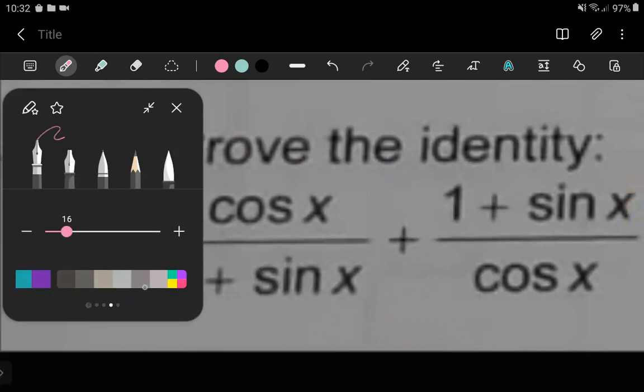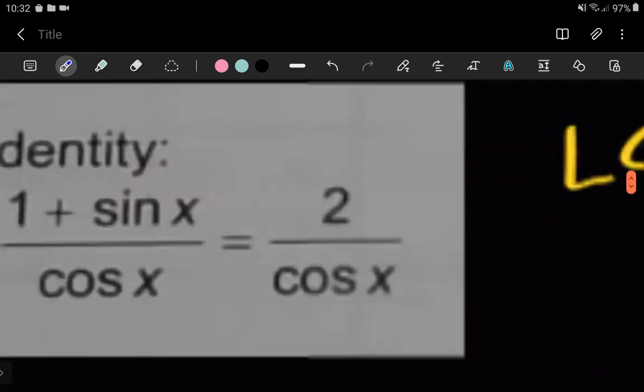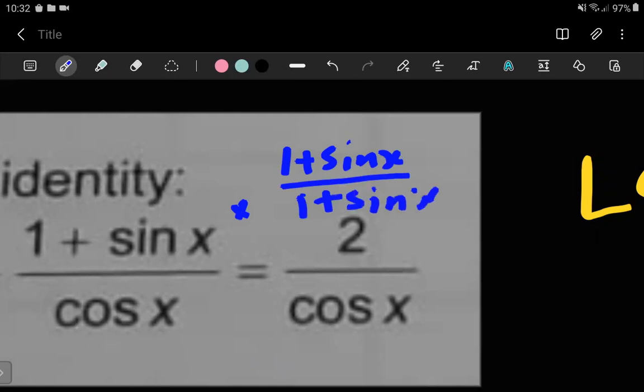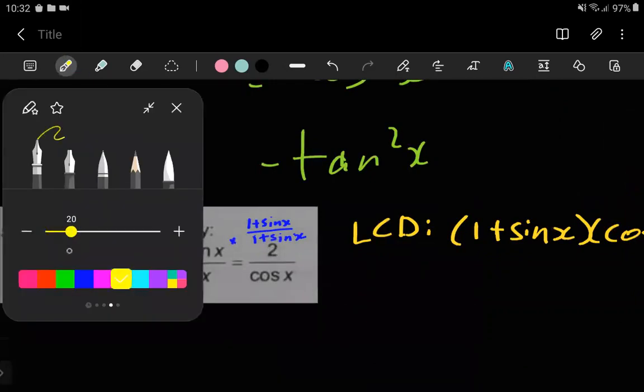Getting an LCD, we just have to multiply this by cos x over cos x, and for this one, multiply by 1 plus sine x over 1 plus sine x. We're going to try this out, and if it doesn't work, we'll showcase something different.